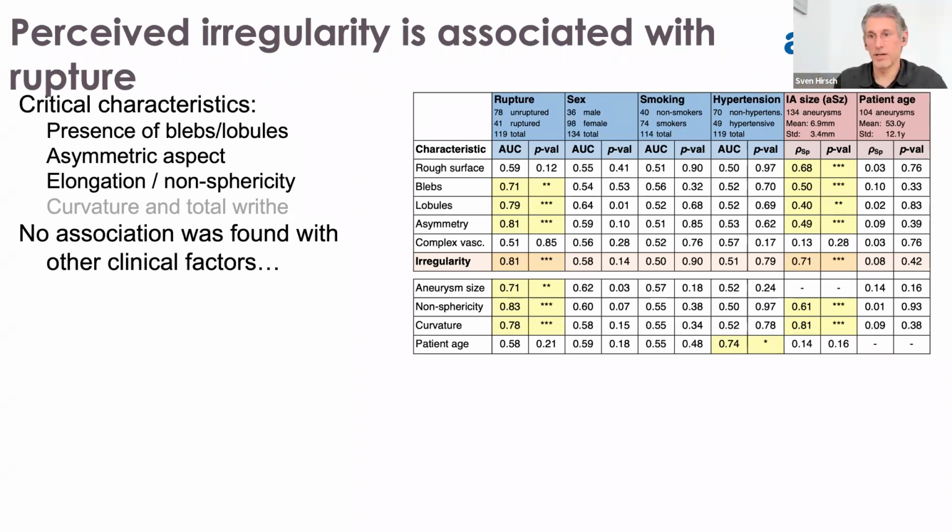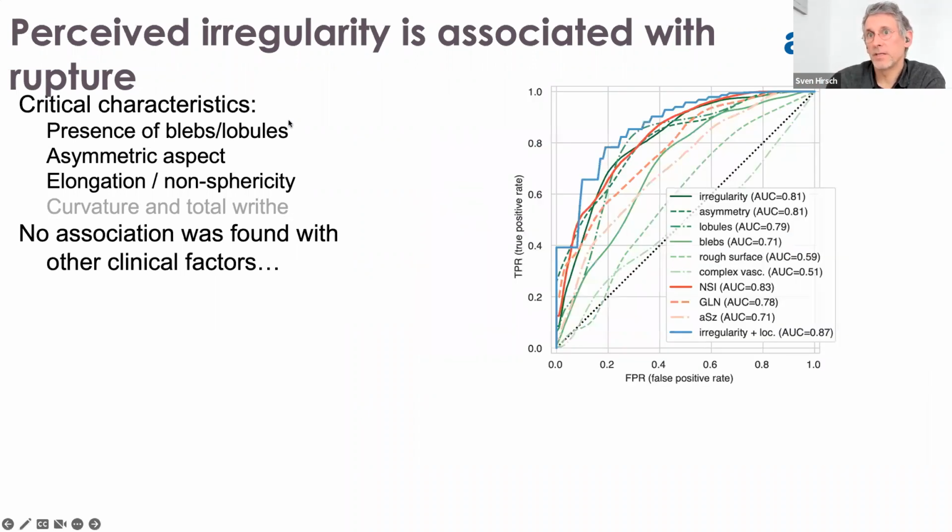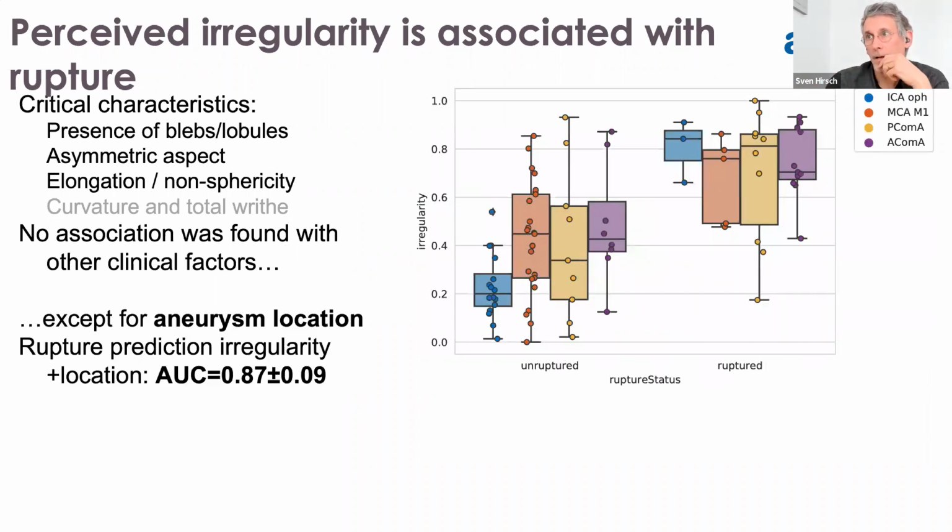We just checked whether there is an interaction, and there wasn't. But what we saw is that one thing was very strongly associated: the aneurysms at different locations have a very different irregularity profile. So that's what we were able to teach the clinicians.